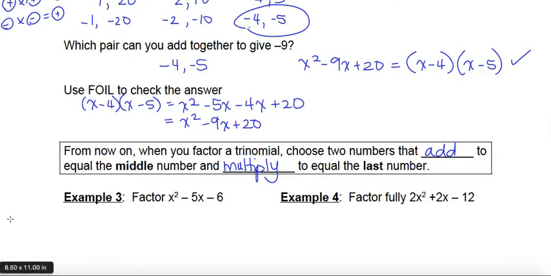So what numbers will multiply to give you negative 6? Remember, if it's a negative number, then it's going to be one of each. That's the only way your product is going to be negative. So what numbers multiply to give us 6? Well, 1 and negative 6, or negative 1 and 6. And then I have 2 and negative 3, or negative 2 and 3.